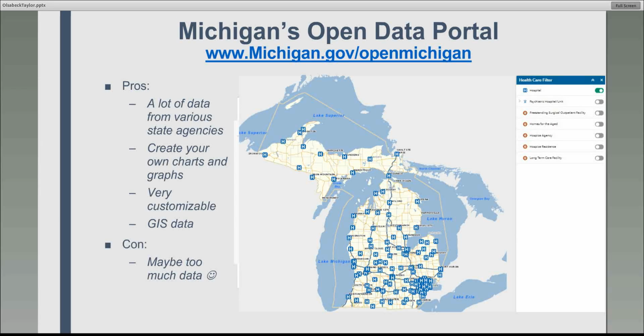This is done by our Department of Licensing and Regulatory Affairs, or LARA, and it has a map of various different healthcare facilities. So they take the licenses for hospitals, for hospice agencies, long-term care facilities, and you can toggle the filters on that right side of the page and see where those are located throughout the state.